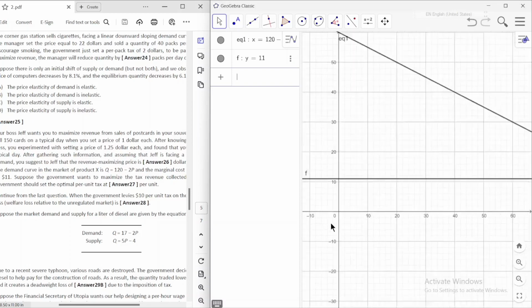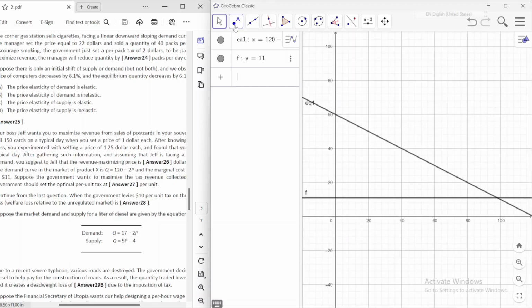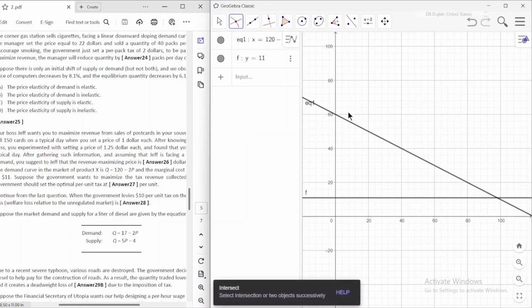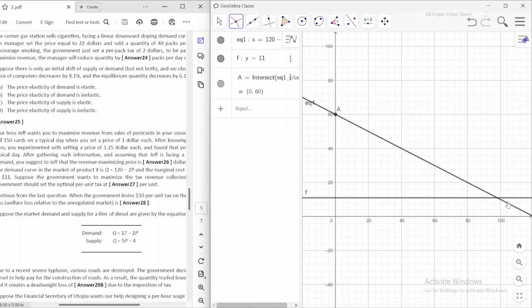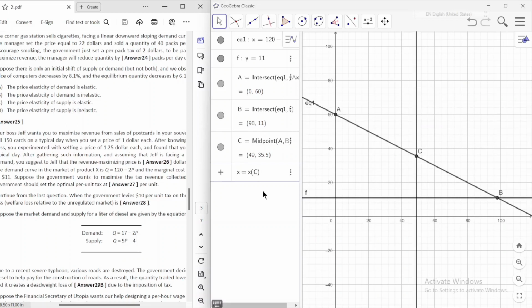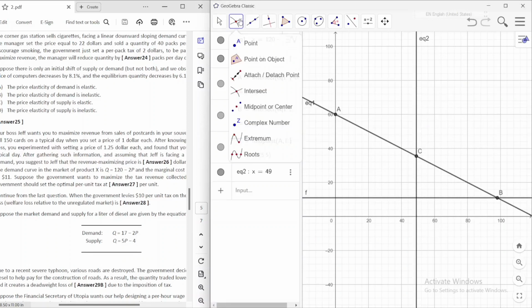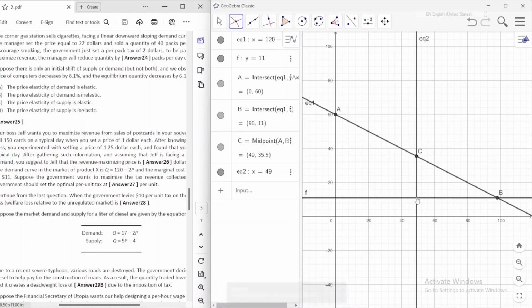Now you need to find out the midpoint. Imagine AB is your new demand curve. So you find out the midpoint of AB, and you drop a line passing through C. Let's find out this point.